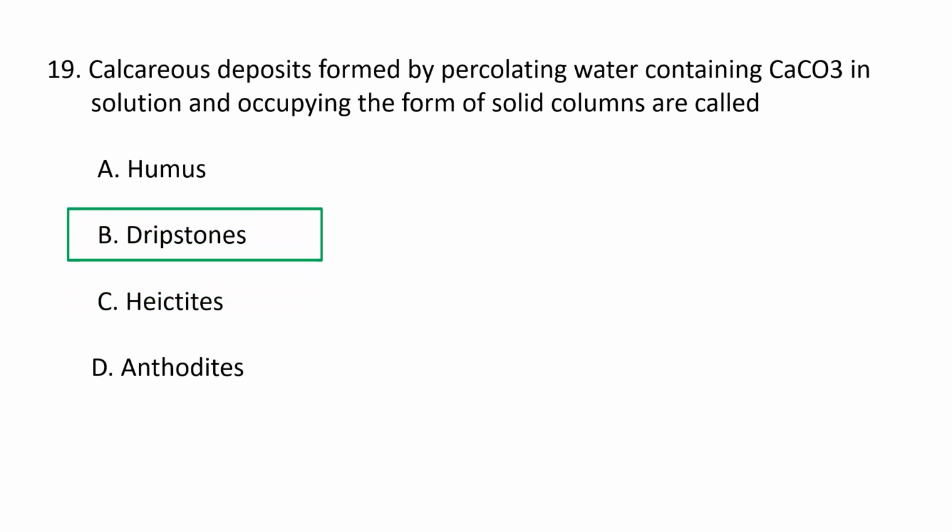Dripstone is a type of speleothem, also known as a cave formation, which includes, for example, stalactites. So calcareous deposits formed by percolating water containing calcium carbonate in solution, which occur as solid columns, are known as dripstones. B is the correct option.